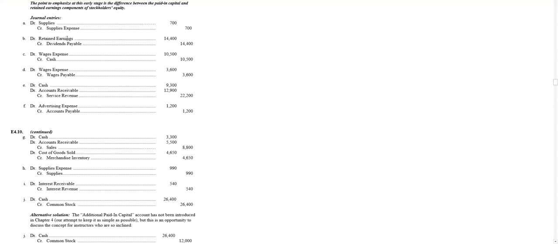But right now I want to go to B, which is this retained earnings here. I want you to realize that you haven't been introduced to this yet. We're going to talk about this more later. But anytime that we issue dividends that we're going to actually pay out as a cash dividend, we have to take those dividends out of retained earnings. So when you debit retained earnings, this is decreasing the equity account, and then you're increasing a payable account by crediting it.